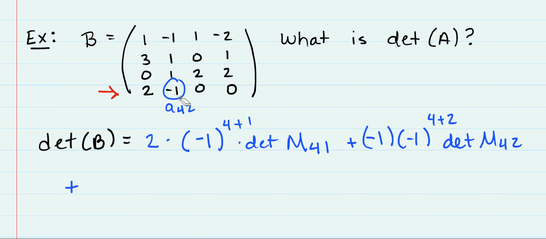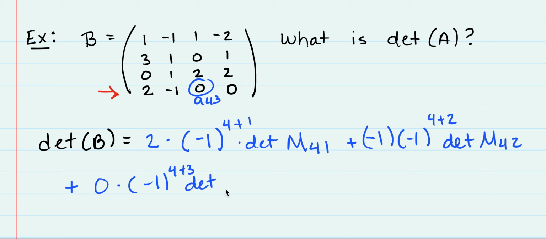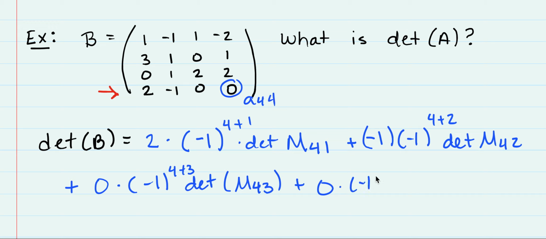plus zero times negative 1, this is A43, to the 4 plus 3, determinant of M43, plus 0. This is A44, 0 times negative 1 to the 4 plus 4, determinant of M44.